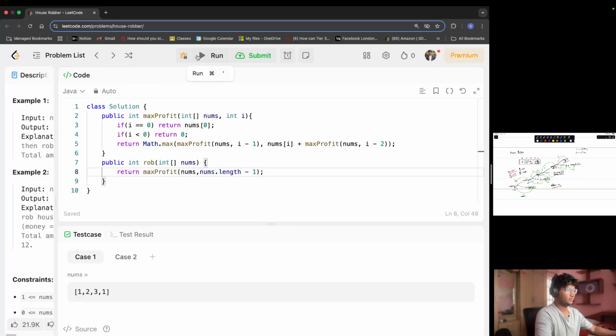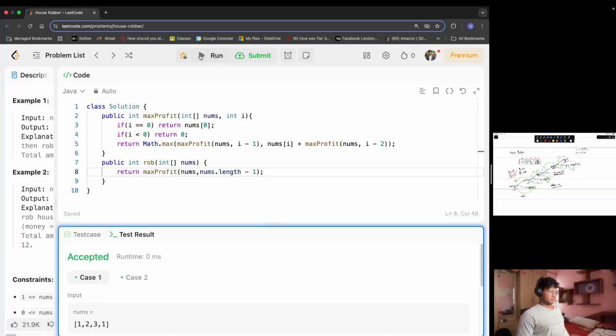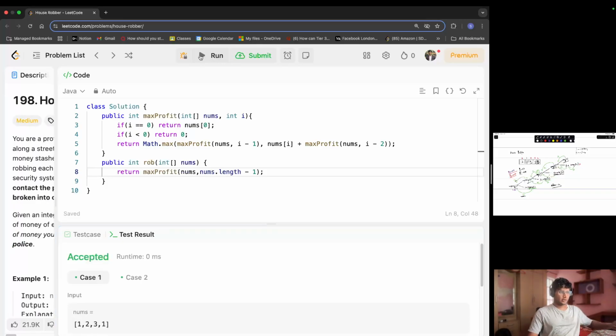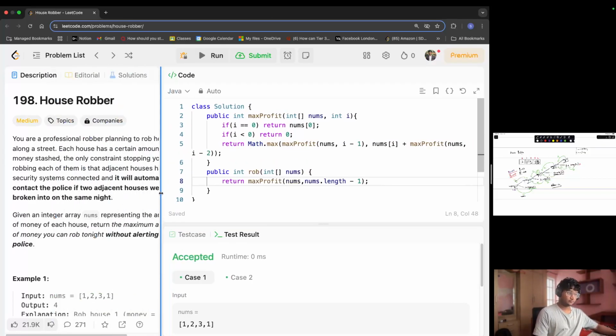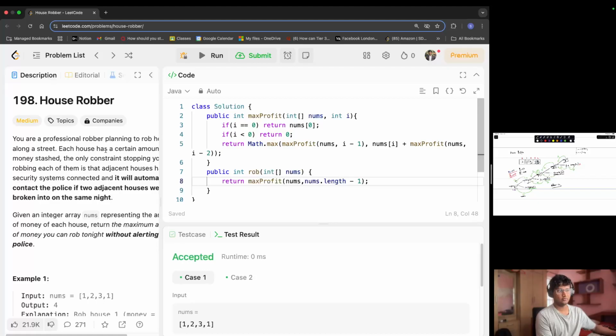Perfect. Let me run this test case. It got accepted. Okay, I'll submit it now. If I submit it, I should get a TLE, right? I know why I'm getting a TLE, but I will explain it once I get a TLE.